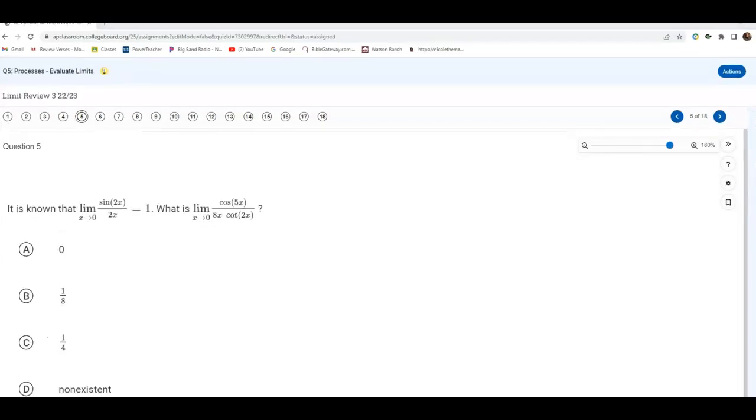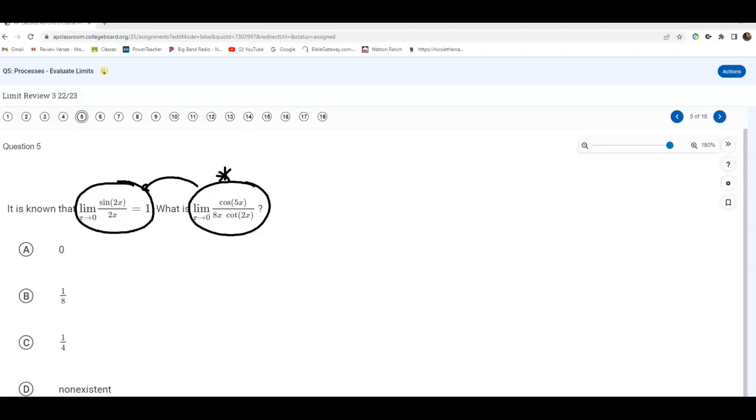So this is kind of an interesting question. They start off by telling us what this limit is equal to. It's equal to 1. And then they ask us to find this one. And so what that means is somehow we're going to have to mess with the way that this thing looks so that we get something like that in there so we can plug the 1 in. Okay, so I'm going to show you how to do that.